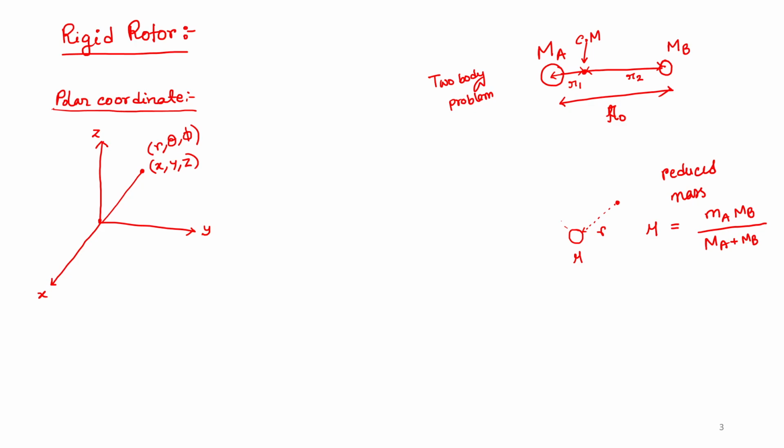So first of all, the line joining the origin and our reduced mass, or some particle, suppose that distance is r. So that is r, and that is making an angle theta with the z axis.